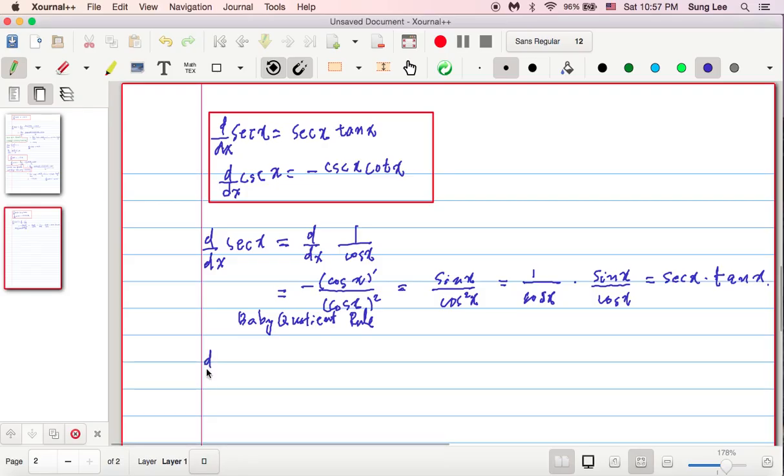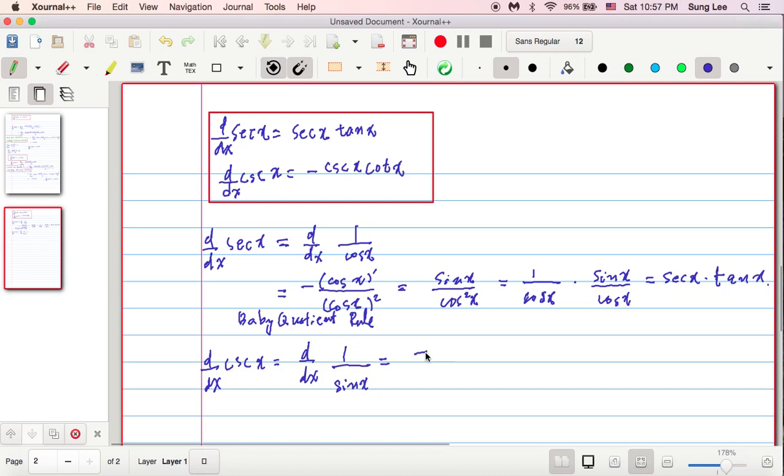Okay, next we calculate the derivative of cosecant of x. Cosecant is by definition the reciprocal of sine of x, right? 1 over sine of x. So again, we use the baby quotient rule.